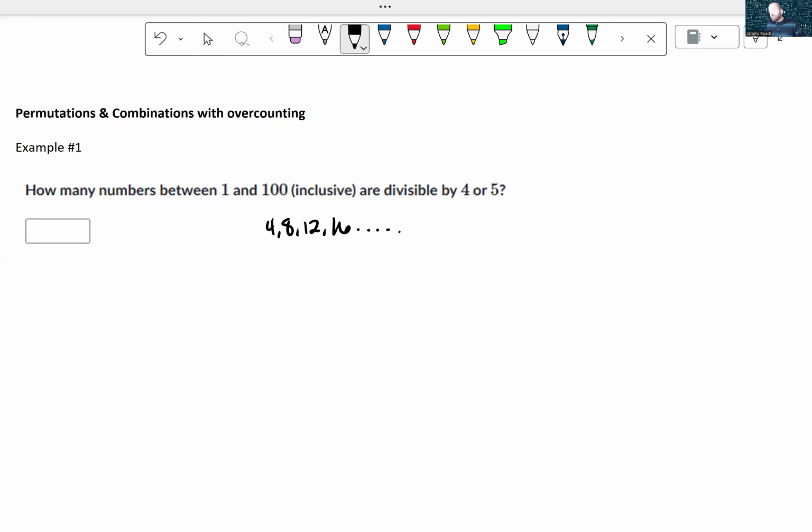But a shorter version of that would be we're going to start at 100 and divide by 4. That gives us 25. That tells us that there's 25 of these numbers. So there's 25 multiples of 4 that go up to 100. So let's hold that number for now. We'll call that step 1.